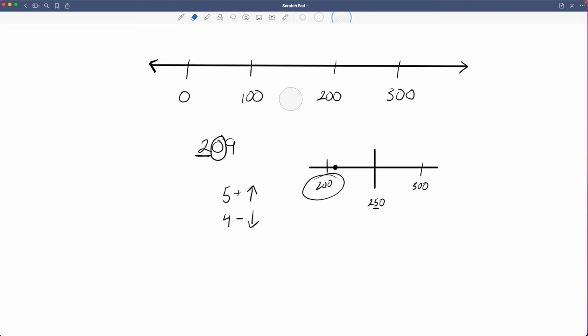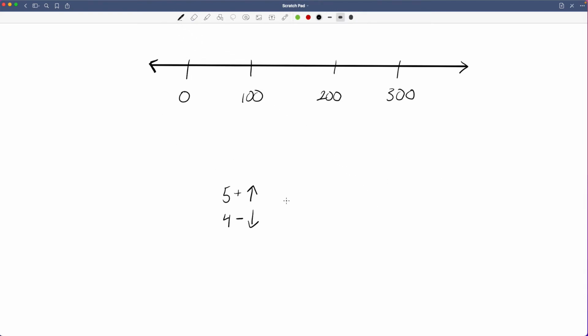Let's do another example. Remember, if it is 5 or more, we round up. If it is 4 or less, we round down. So let's say I have 193 pennies, and I need a jar that's going to hold them. Okay.